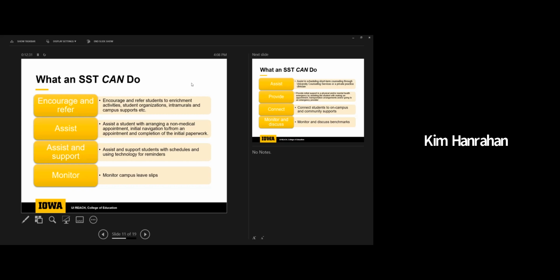So that first couple of weeks, we're really introducing students to the concept of their day-to-day schedules on their Outlook calendars, either on their phones or computers or whatever device they're utilizing. And then we'll monitor campus leave slips. Leave slips are required if a student will be gone overnight, so that residence staff, when they're doing their rounds, know that that student is safe and just off campus.